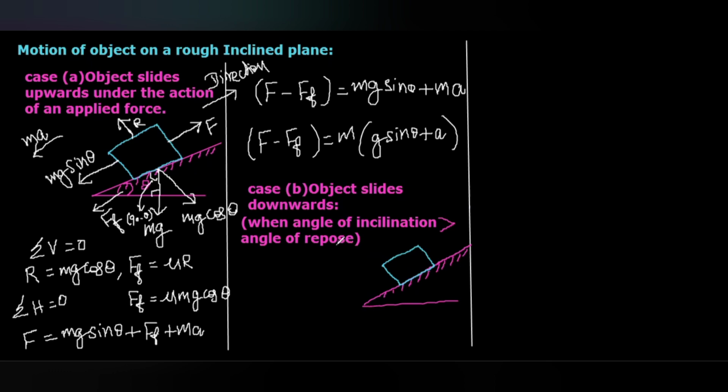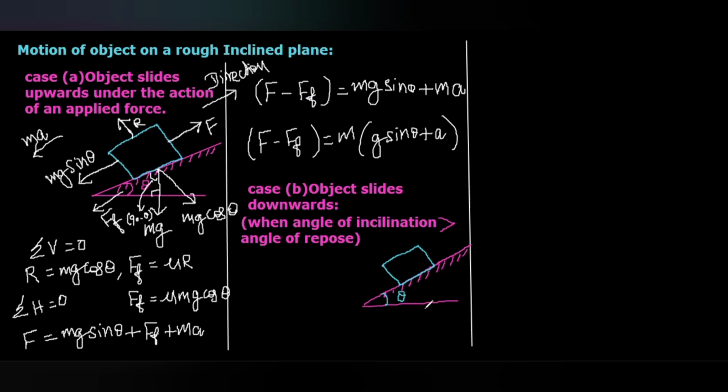Okay, so in this case, if this angle of inclination theta is more than the angle of repose, due to the horizontal component of the weight, mg sin theta itself, the object will slide downwards. Okay, so that consideration here we are going to consider.